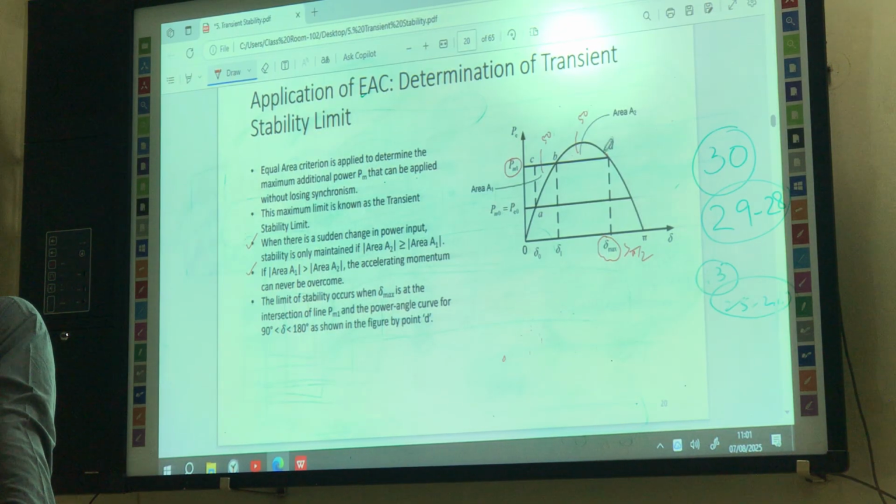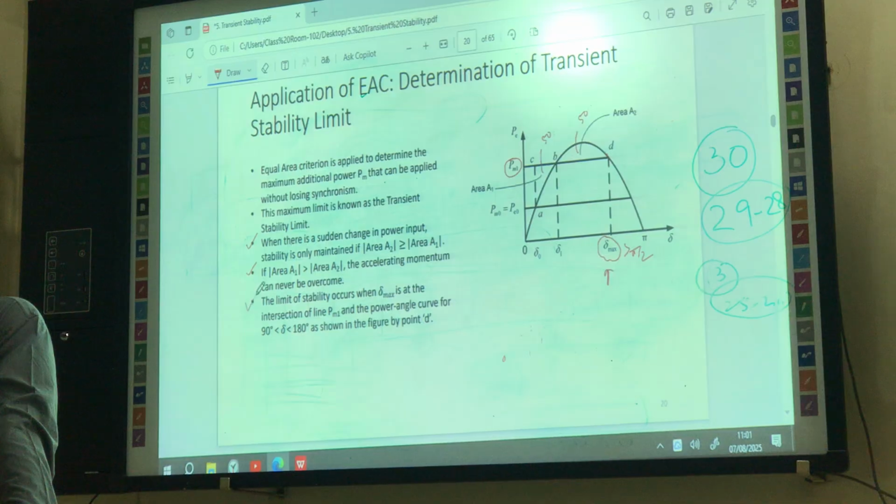Okay. We still don't know this value. It will vary depending on these parameters. We will solve one example where we will see how we can calculate this delta max. But have you got the idea that this delta max will be within pi by 2 and pi, and why?